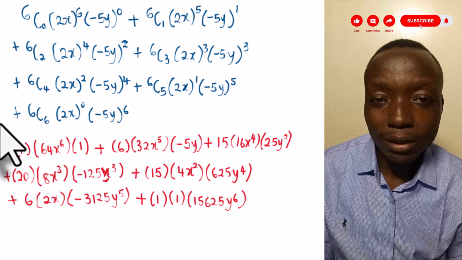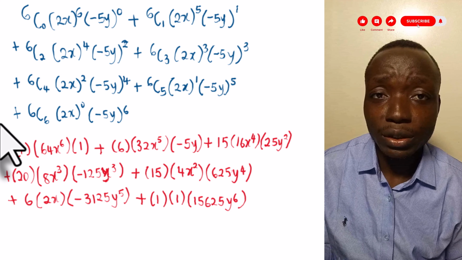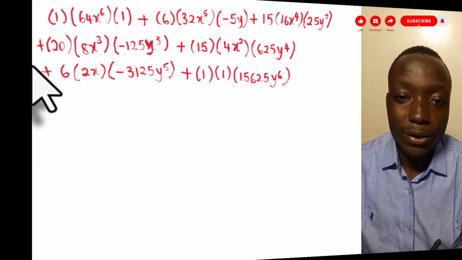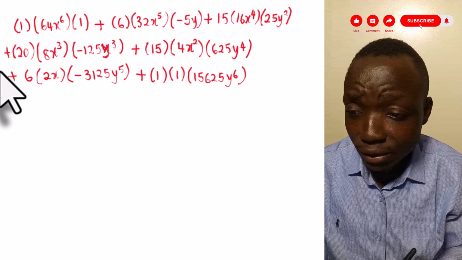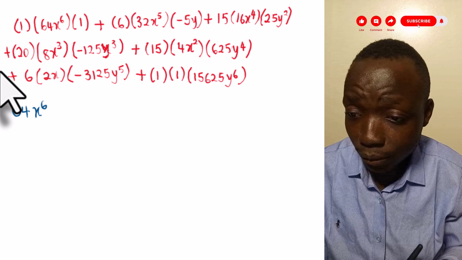So we finish expanding. Now the final step is to multiply out the numbers and write out our solution properly. So if you multiply out the numbers, you're going to have 64x raised to power 6.